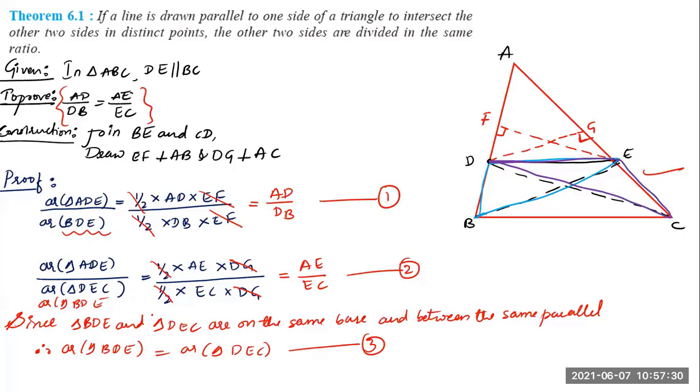So from there, what can you write? From equation 1, 2 and 3, AD by DB is equal to AE by EC.